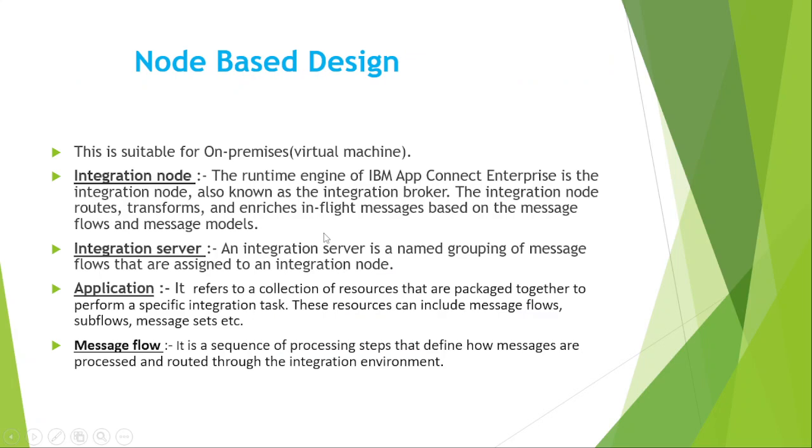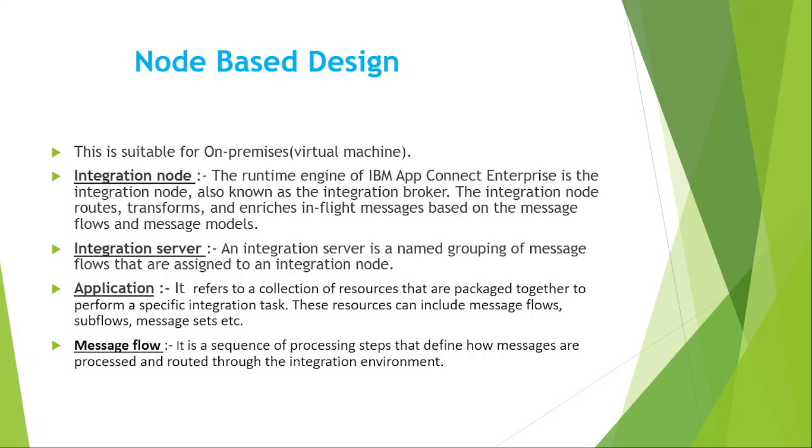So let's go to the definitions of each of them. When talking about the integration node, it is the runtime engine of IBM App Connect Enterprise. I already told you that IBM ACE is categorized into two parts: first is the toolkit, which is the development part, and the integration node, which is the runtime part.